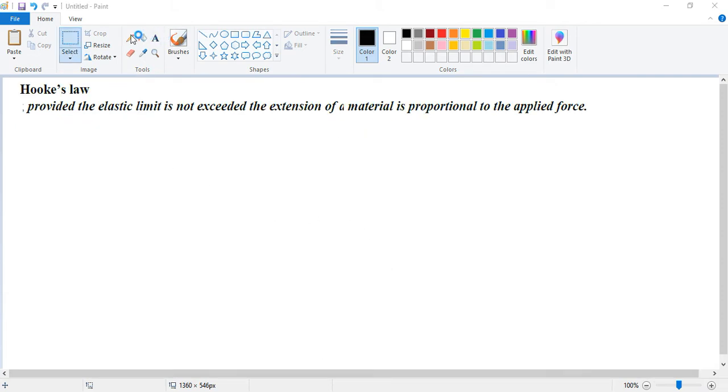So I want you to note something from Hooke's law. Remember, Hooke's law corresponds to the straight line part of the graph, where the force is directly proportional to the extension. What does that imply? If there is no applied force, the extension of the material must be 0. So how do you verify?